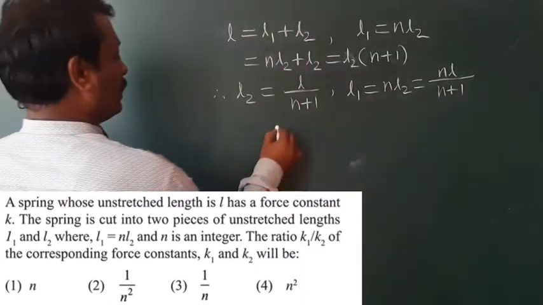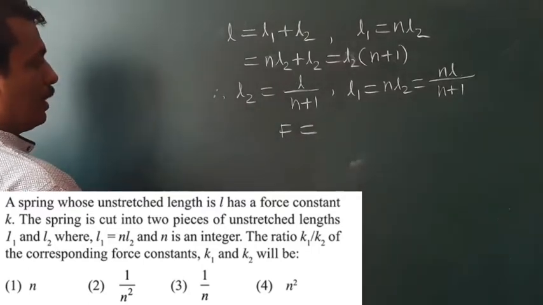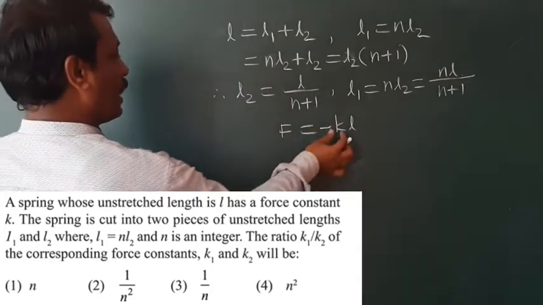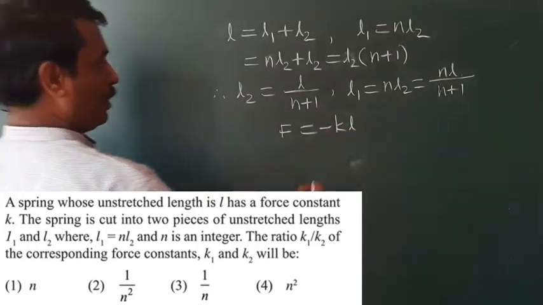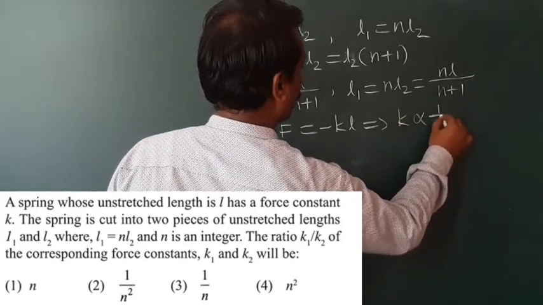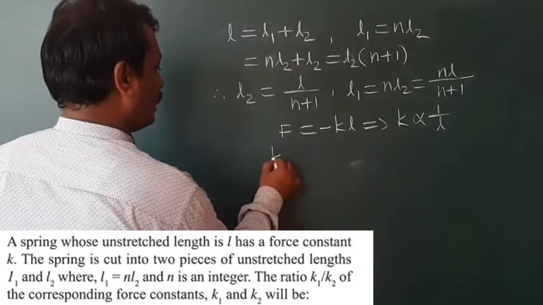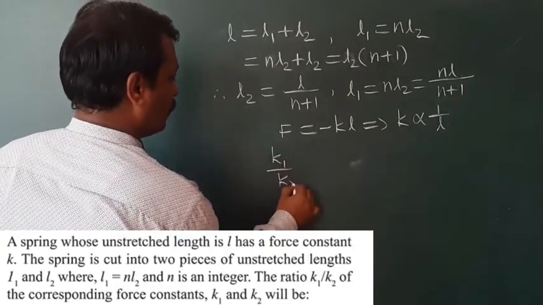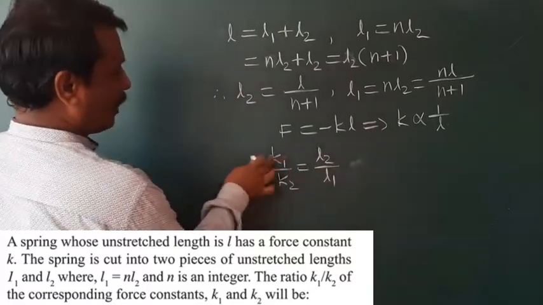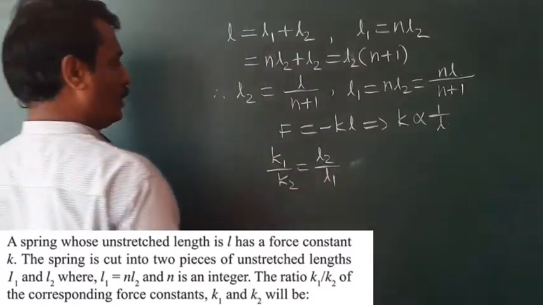Now we know that restoring force developed in the spring is given by F is equal to minus KL, where K is force constant. So this implies K is inversely proportional to length. Therefore, we can write K1 by K2 is equal to L2 by L1, because K1 is inversely proportional to L1 and K2 is inversely proportional to L2.